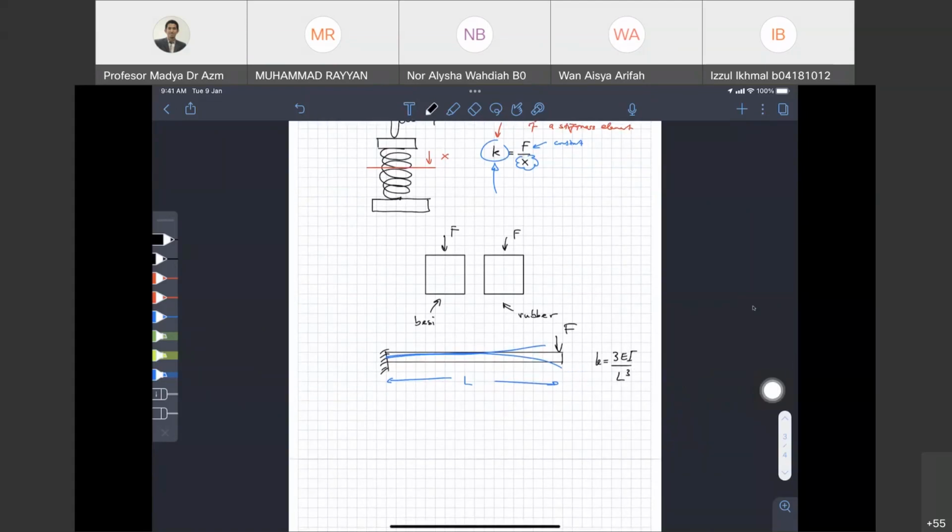Okay, kalau kita tambahkan spring dekat sini, spring K dekat situ. So berapa dia punya total stiffness? Total stiffness at that edge, dekat ujung ni.